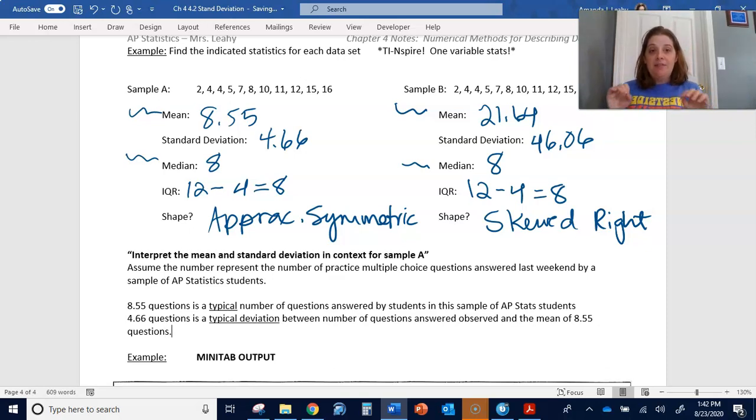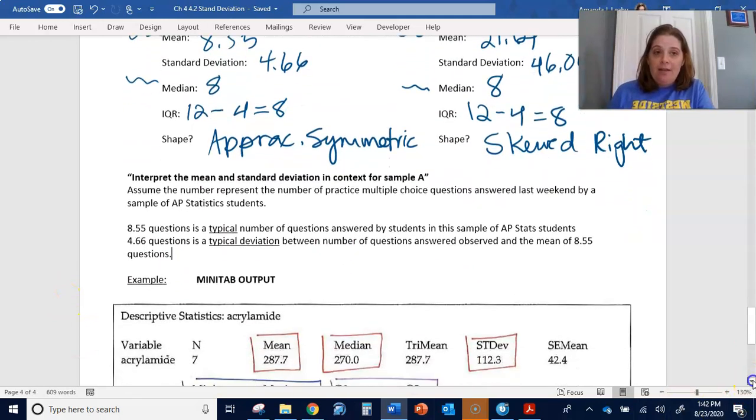So again, that idea is that the mean is a typical value of the variable in this sample. The standard deviation is a typical deviation between any given observed value and our mean. So you want to have included those values there.